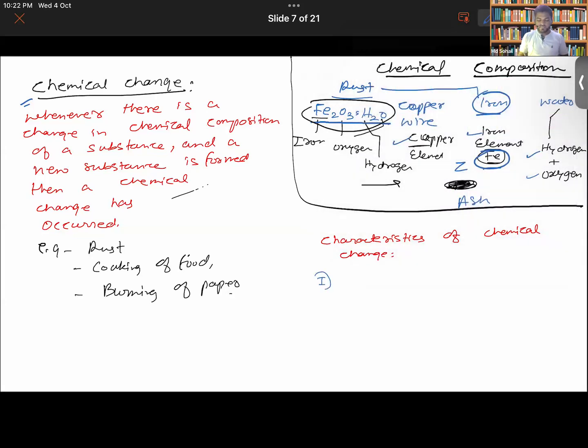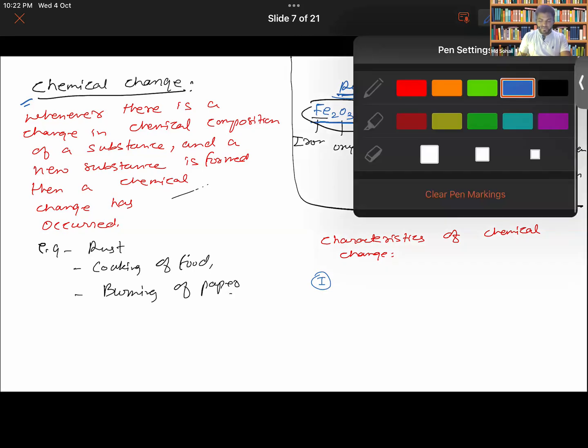First thing is that in most cases of chemical change, the properties of the products formed are different from those of the original substance. So the property of rust is different from that of iron, right? That is the first point.